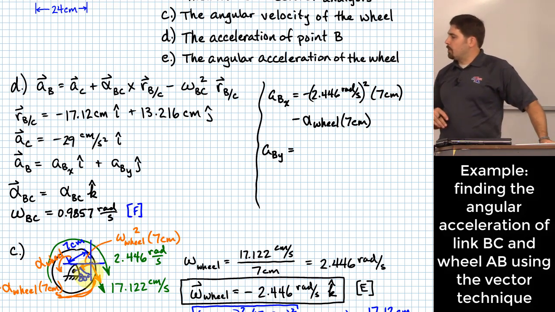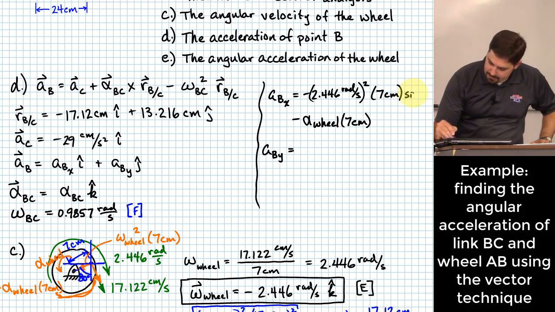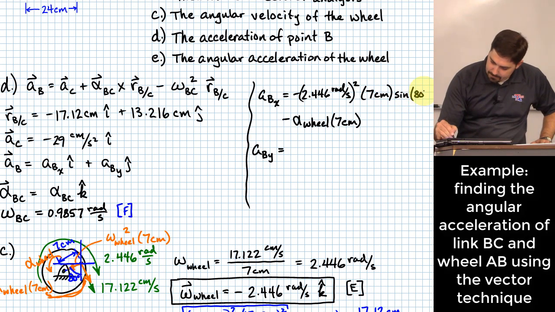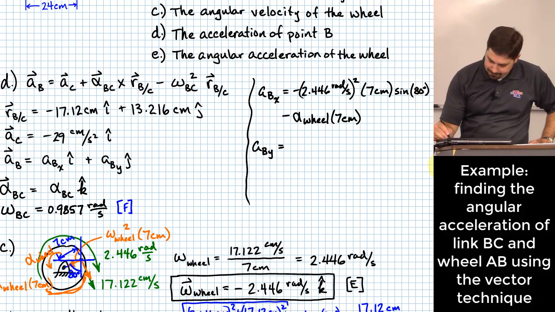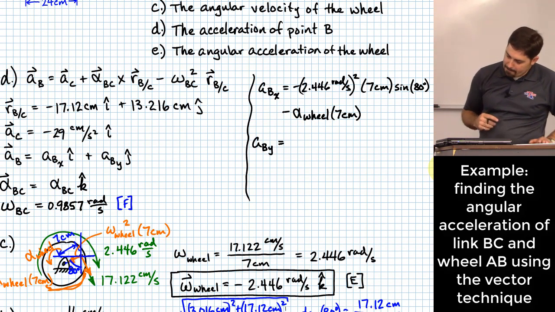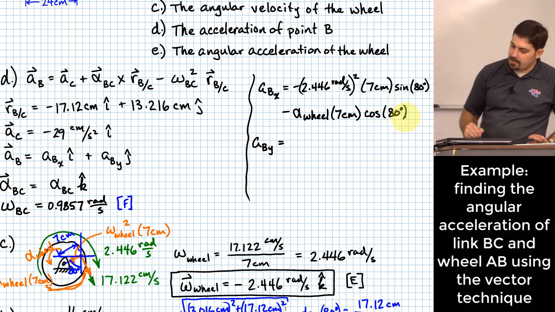Okay, so that means I need to take this up here and multiply by the sine of 80 degrees for that normal component. Okay, and what about for my other component that I have here? Probably multiply this by the cosine of 80 degrees.